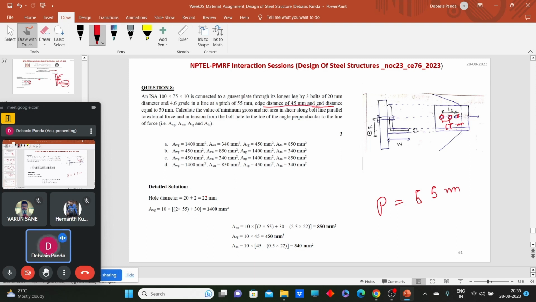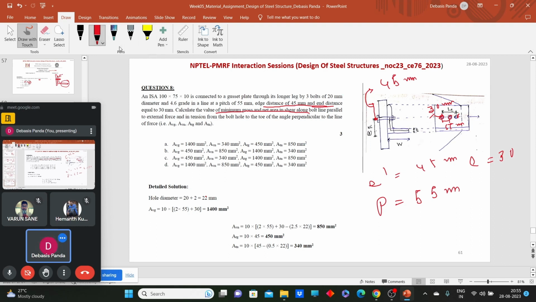E dash is provided as 45 and E is provided as 30. So this value is 45 and this value here is 30. Now they have said to calculate the values of minimum gross and net area along the shear and tension plane.